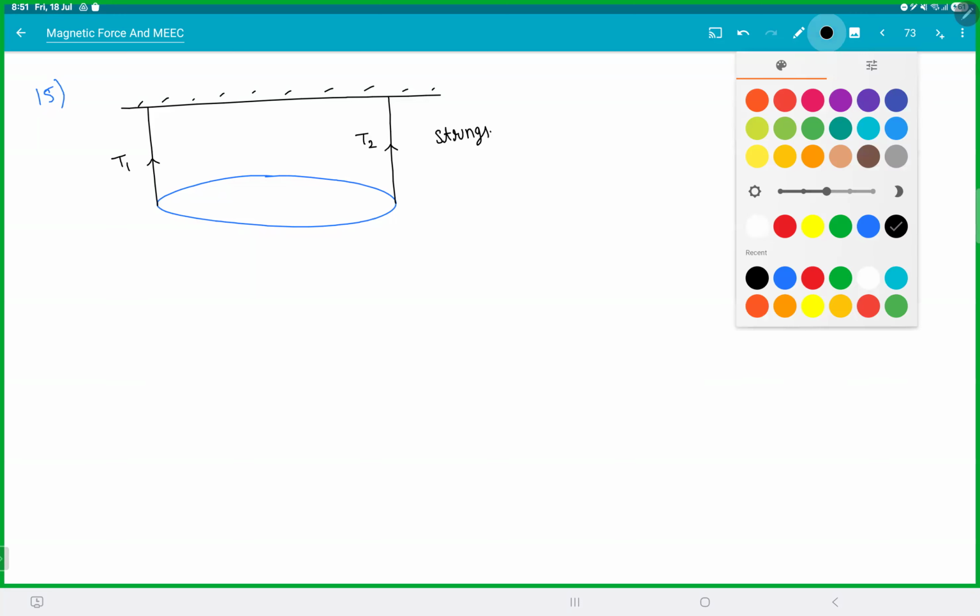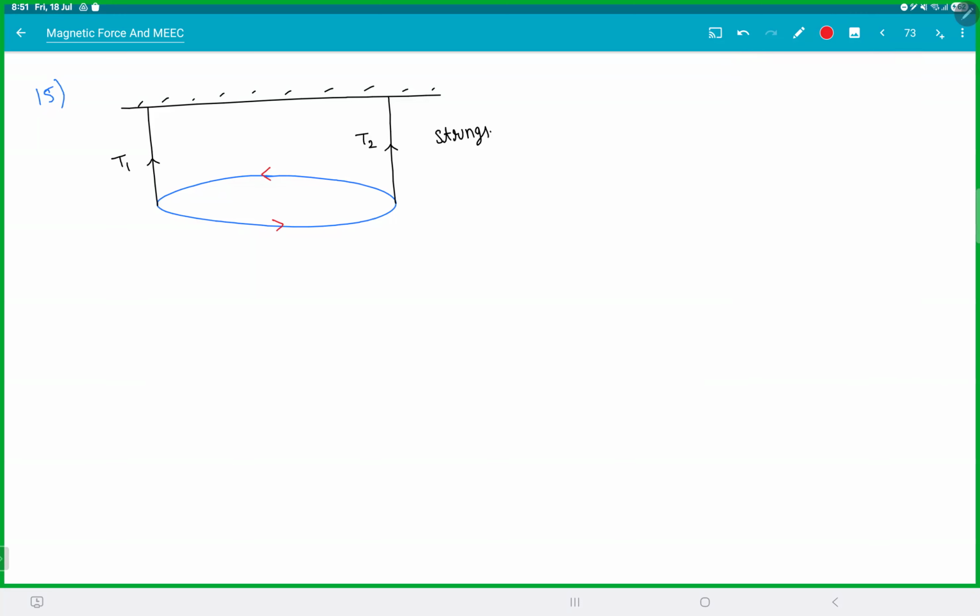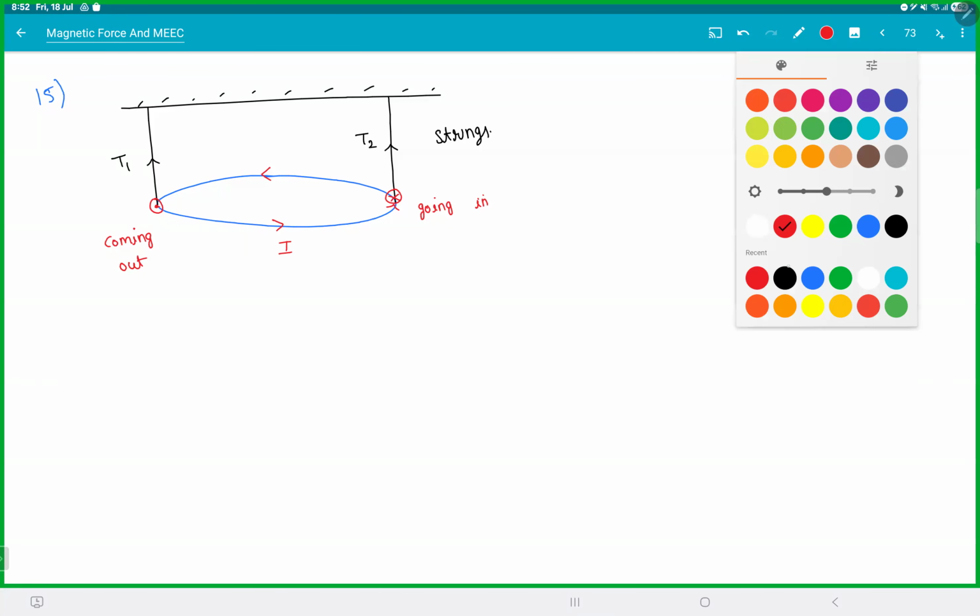So in this loop, you have a current flowing here. This is going in. Here the current is coming out. Some people will see it from the other direction, you can see however you want. So current is coming out from the left and going in from the right. This is carrying current I. The mass of this ring is M and radius R.